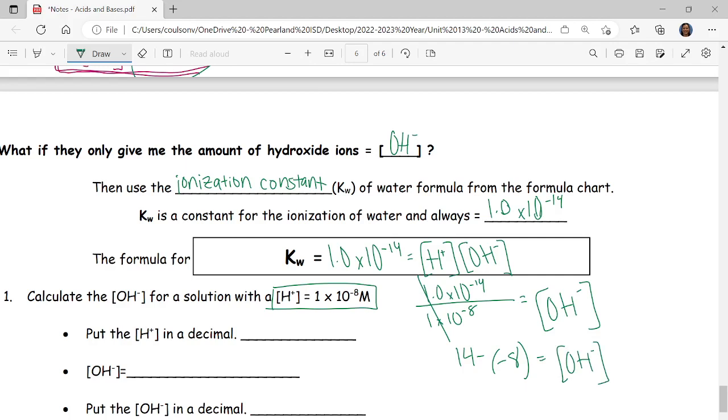Well, that would be negative 14 plus 8, which is 6? Okay, sure. Now y'all are confusing me again with this. Holy cow. Don't make it too complicated.